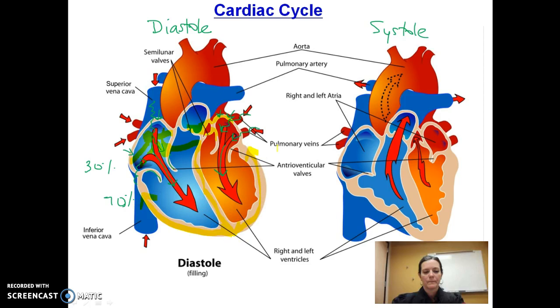The main thing that I want you to understand is that by having the contraction actually start down at the bottom, what that ensures is that the contraction actually begins at the bottom of the heart and moves up. Why is that important?